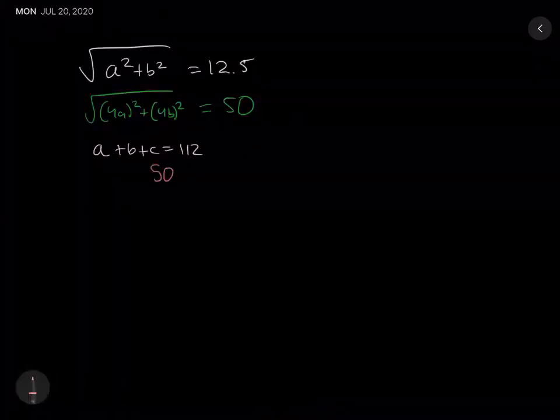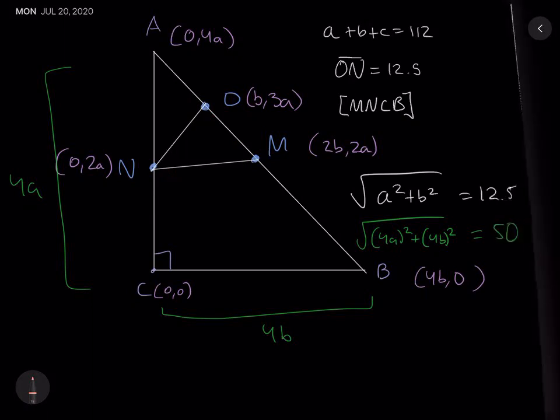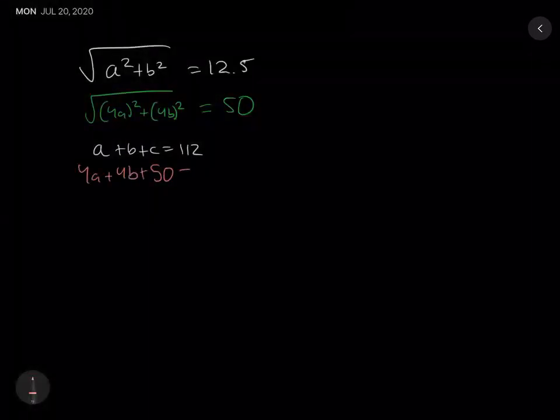We know what AC and BC are. They are 4a and 4b. So 4a plus 4b plus 50 is equal to 112. So this implies that 4a plus 4b equals 62. So therefore, a plus b is equal to 31 over 2.